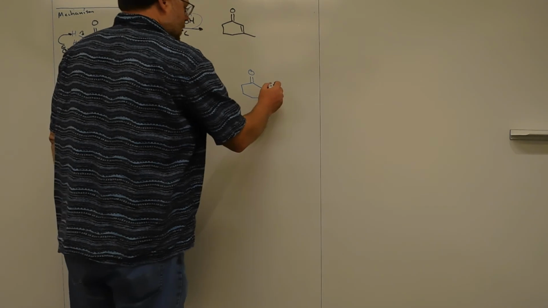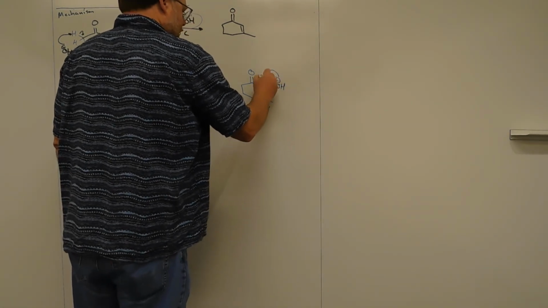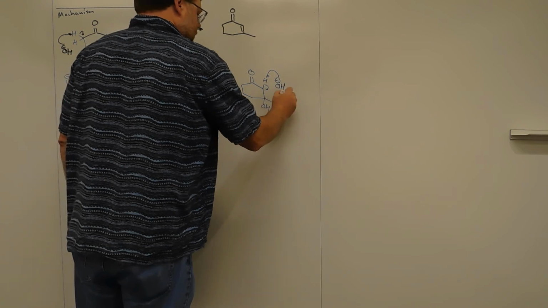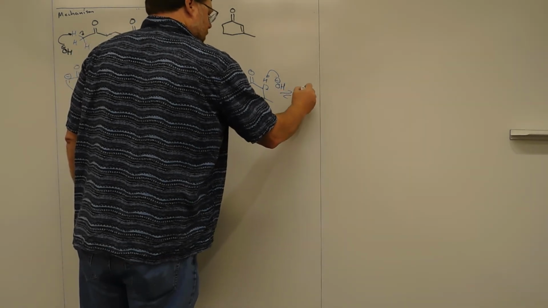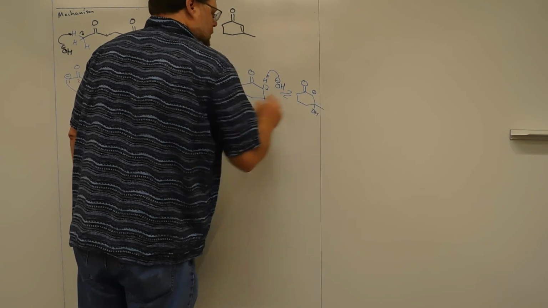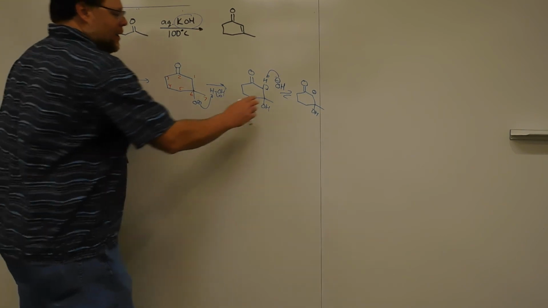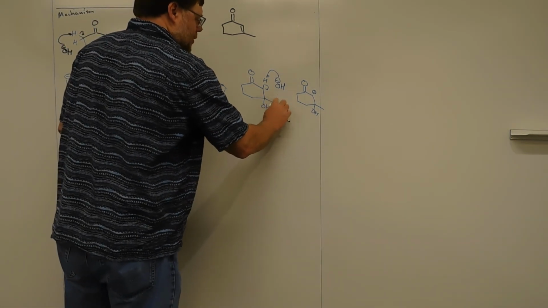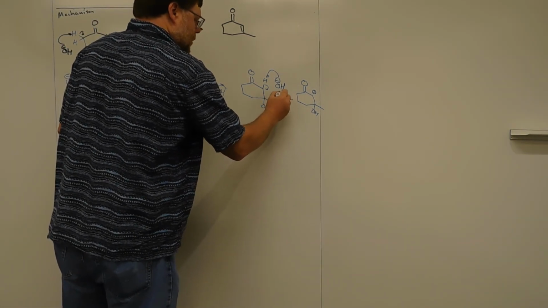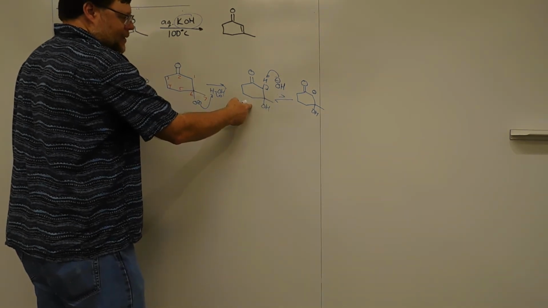So what has to happen? Hydroxide is going to make another enolate. And this is reversible. That enolate is a strong base. So at any given moment, the equilibrium here favors the left.